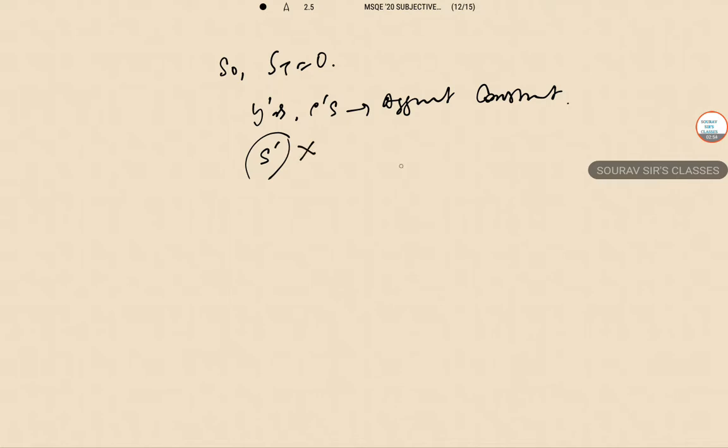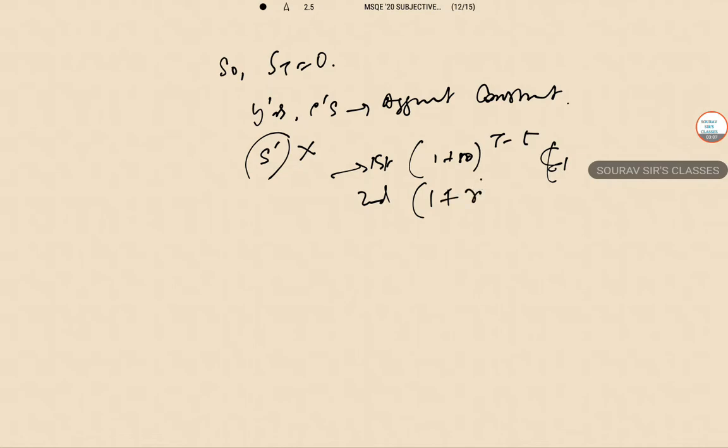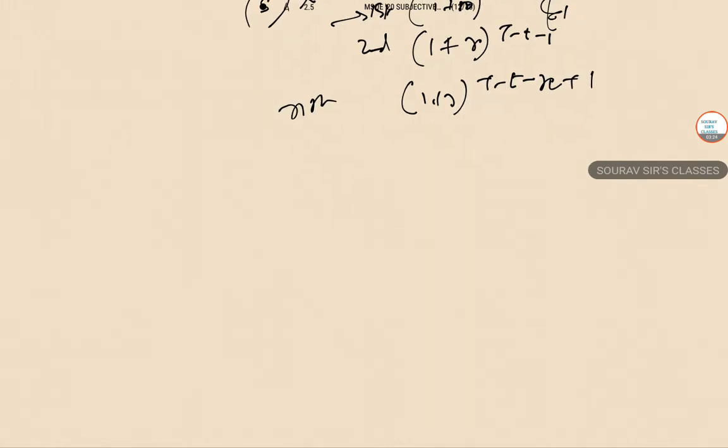To do so, we can multiply the first constraint by 1 plus r to the power T minus t, the second constraint by 1 plus r to the power T minus t minus 1, and in that way the nth constraint by 1 plus r to the power T minus n plus 1. Then we add them together.